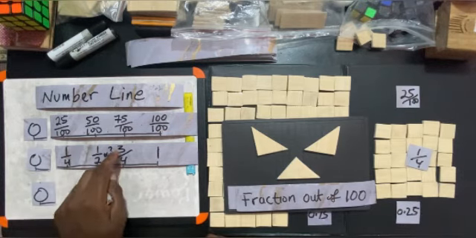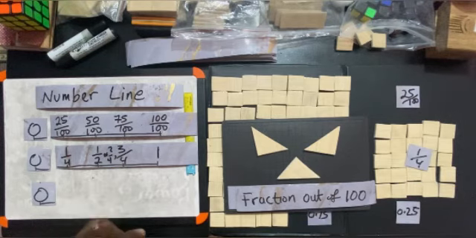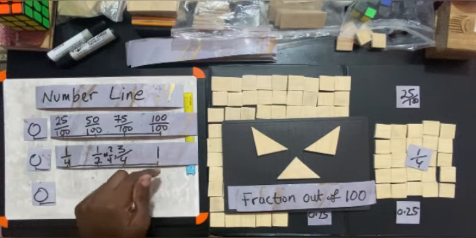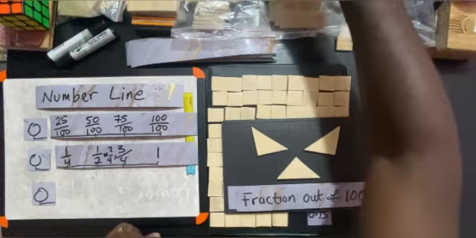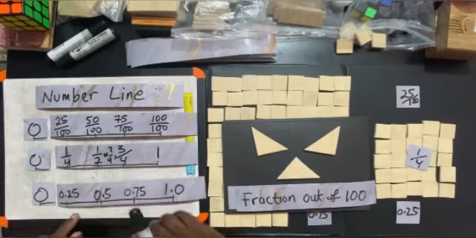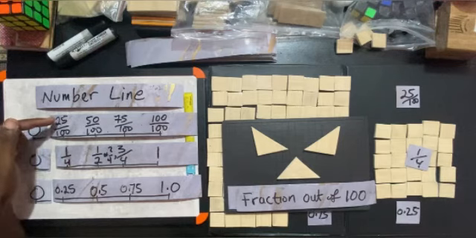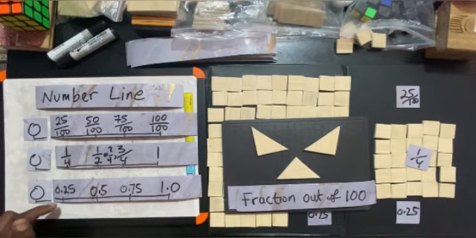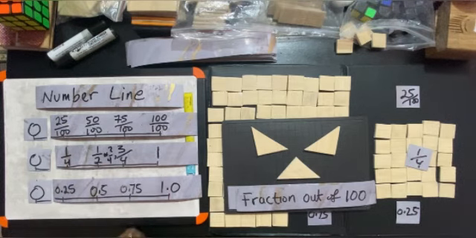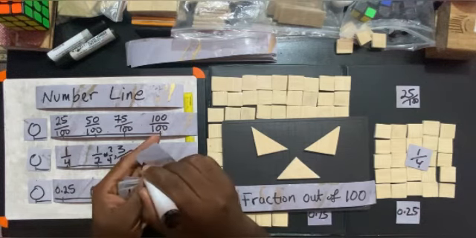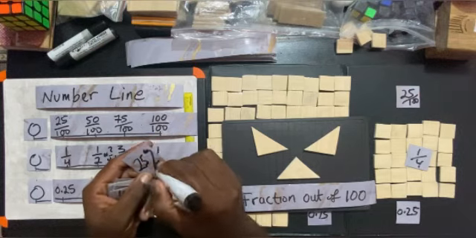And then you can have 3 large parts out of 4 for 75, and this 1 whole part, 100 over 100. We can reduce it further to this. So 25% gives us 1/4, gives us 0.25, and it follows in that order. Of course, we all know what the symbol for percentage is, and we can write that as 25%.